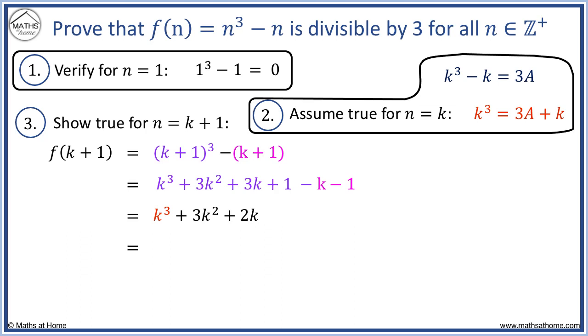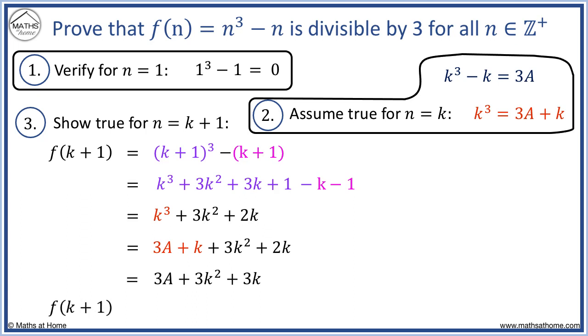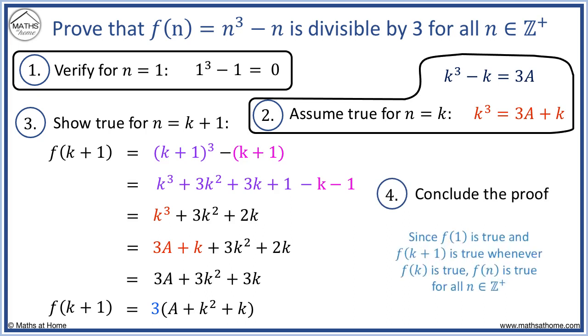To show this is divisible by 3, we must substitute k cubed for the result from step 2. K cubed equals 3a plus k. We collect like terms to get 3a plus 3k squared plus 3k. Here, a factor of 3 can be taken out, and so when n equals k plus 1, we also get a result divisible by 3. We conclude the proof in the same manner as previously.